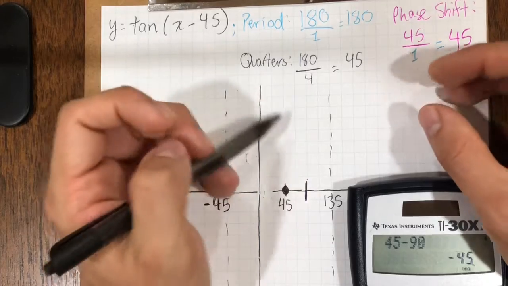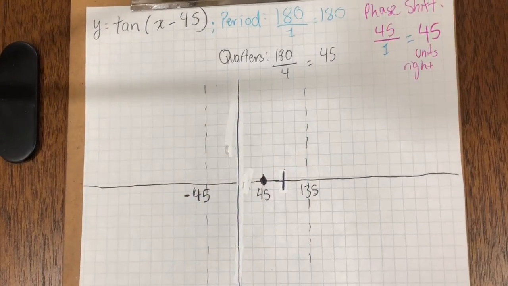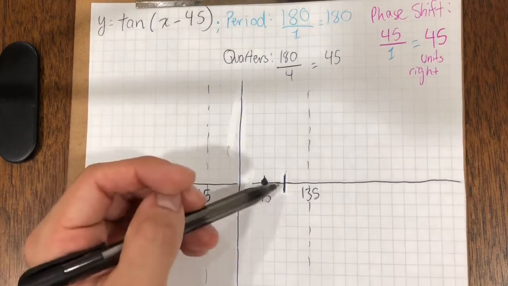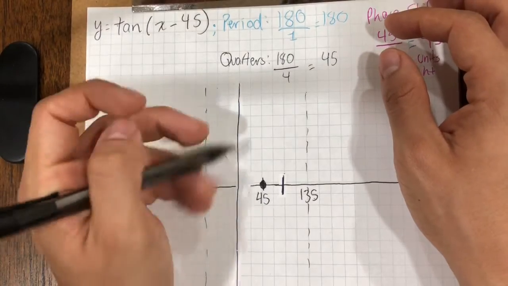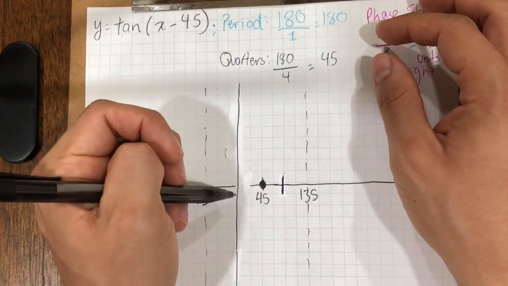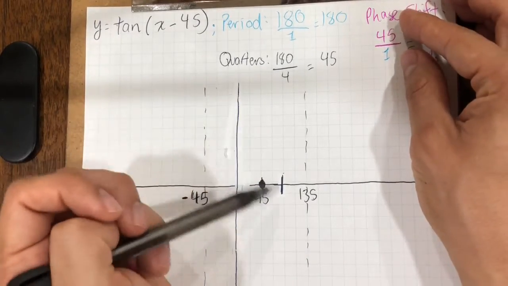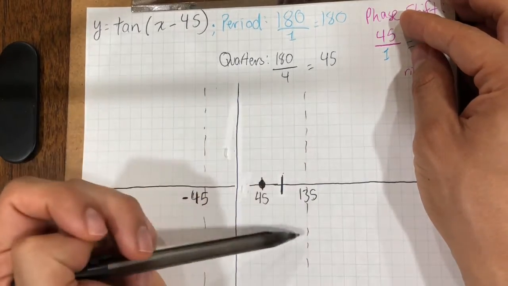Now, if we recall, the quarters are 45. All right, so let's go ahead and get these graphs. So starting over here, we have the middle. It might be on the x-axis or away from it, but we'll figure it out. Now, we know that to get from one x value to the next, we go by 45.